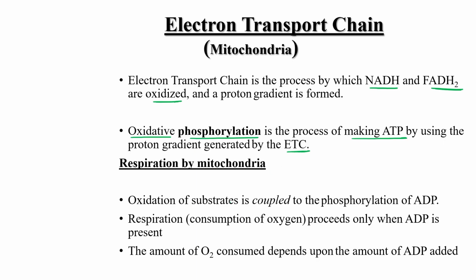In respiration by mitochondria, oxidation of the substrate is coupled to phosphorylation of ADP. Respiration proceeds only when ADP is present, and the amount of oxygen consumed depends upon the amount of ADP added.